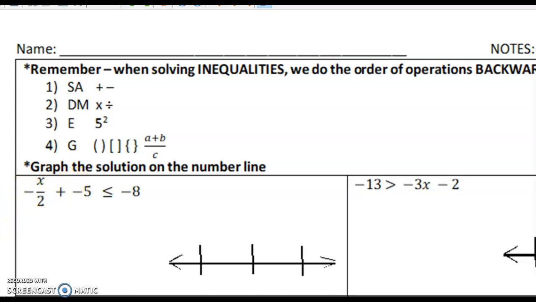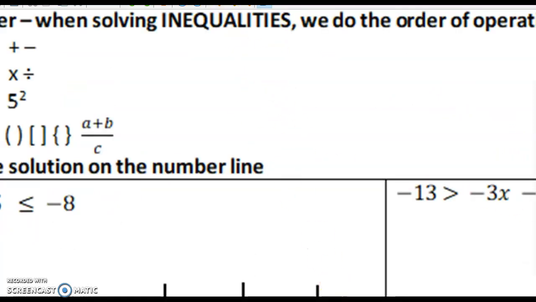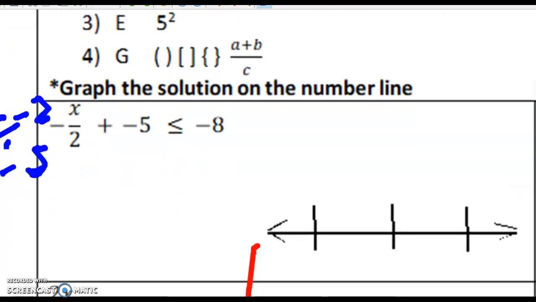So for this journey, we're dividing by a -2 first, and then it gets added to a -5. And then we're going to do reverse and opposite. So to solve this inequality, we are going to add 5 first and multiply by a -2 second.